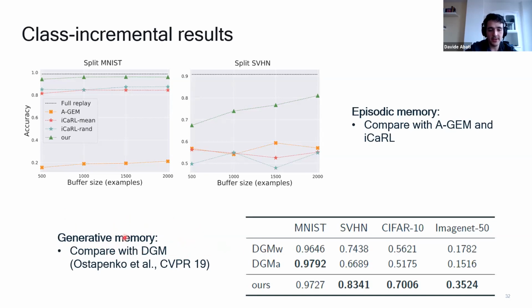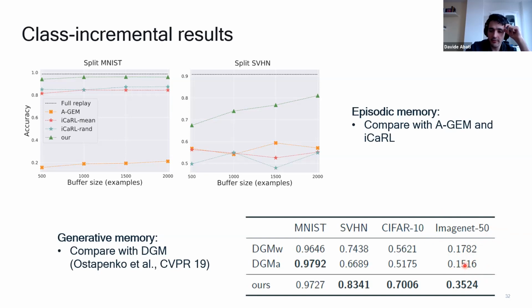So we compare with DGM, which is a very nice paper from Ostapenko and others from CVPR 19. And we were able, also on more difficult data sets like ImageNet 50, to quite remarkably outperform the existing best performing model.